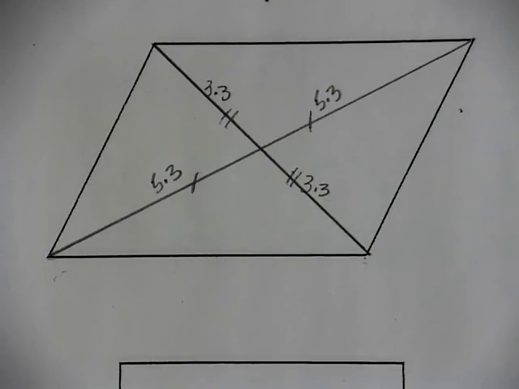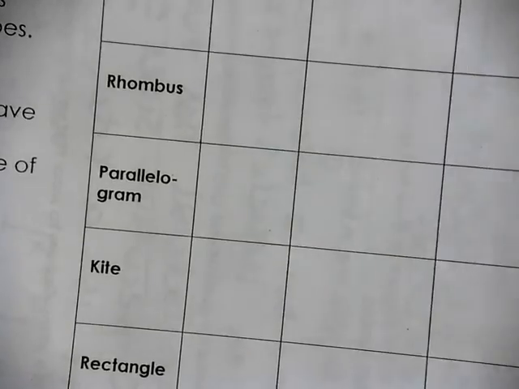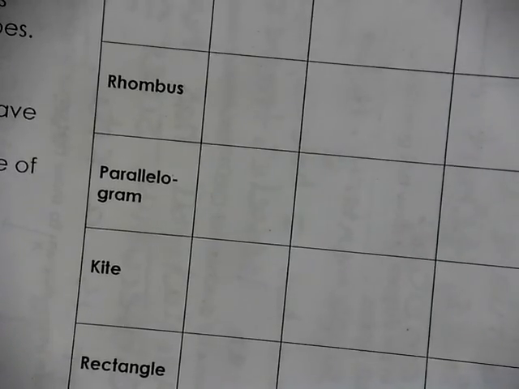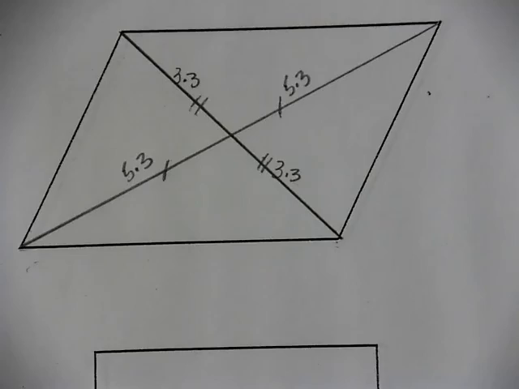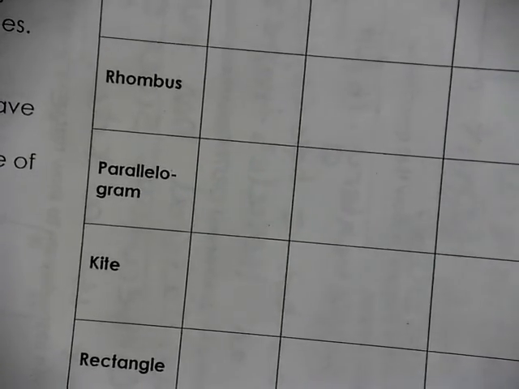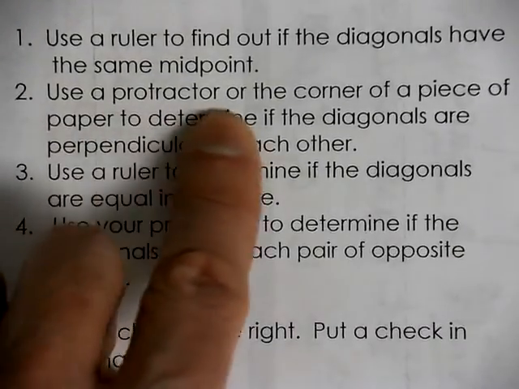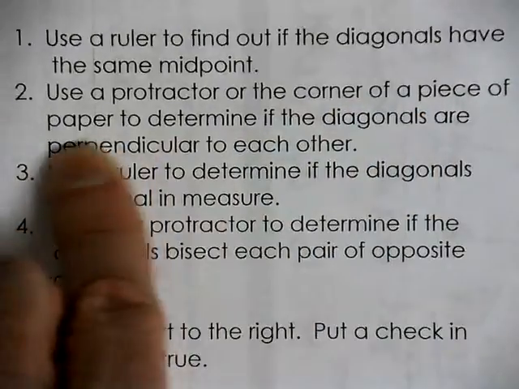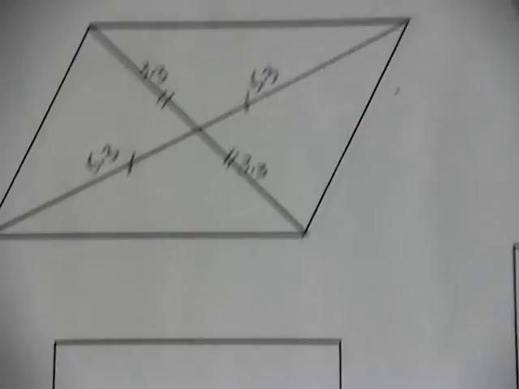Use a protractor or a corner of a piece of paper to determine if the diagonals are perpendicular to each other. Let's see, you couldn't read that at the same time. I was writing it. All right, use a protractor, a corner of a piece of paper, to determine if the diagonals are perpendicular to each other.